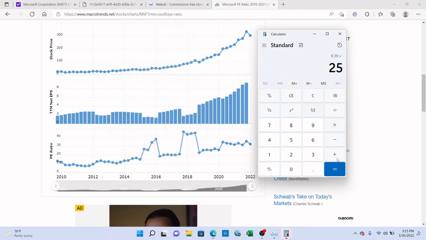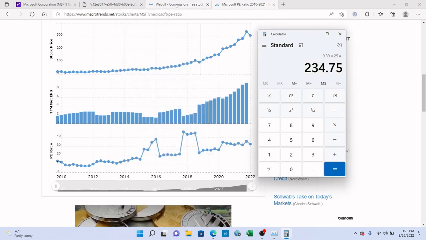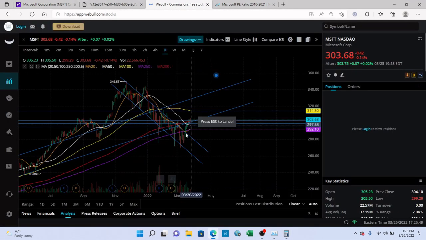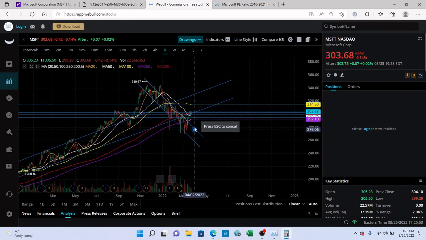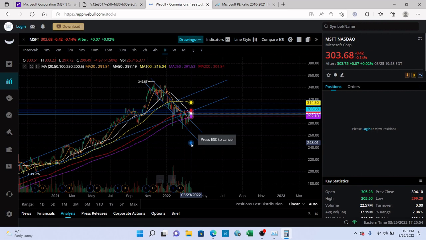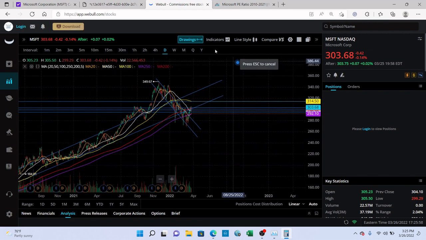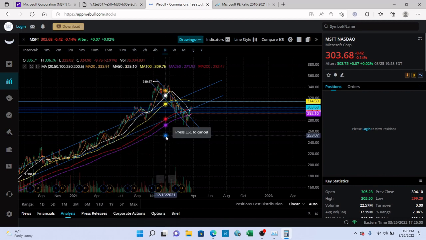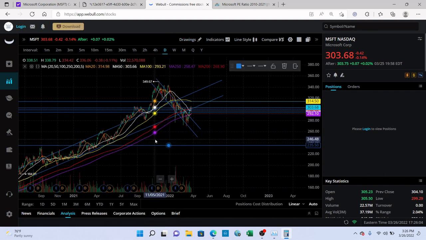And then we're going to see 234. So basically, if Microsoft is trading at 25 PE, well, then it'll have to be $234 all the way down here. I mean, Microsoft would have to fall quite a bit.